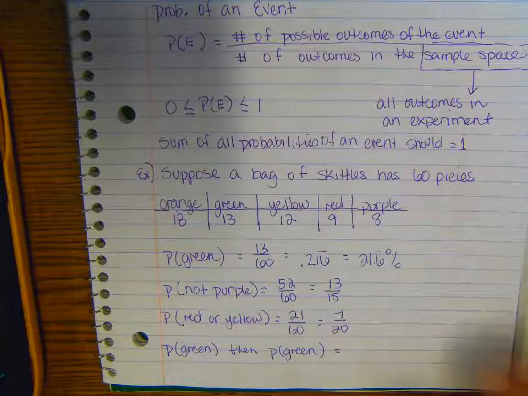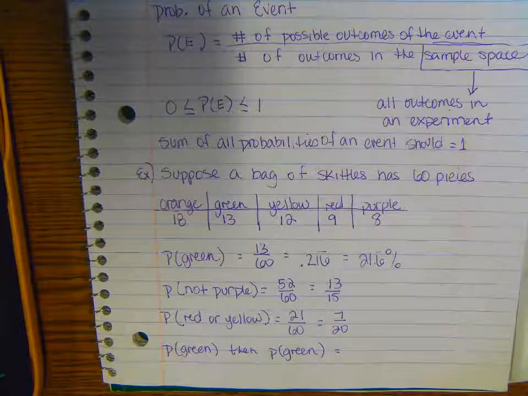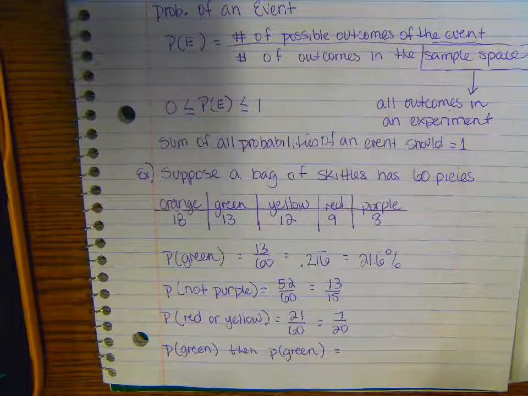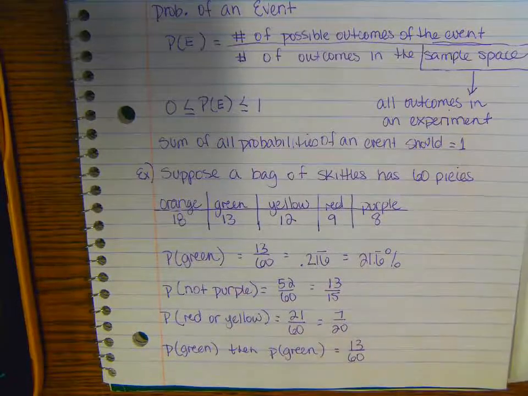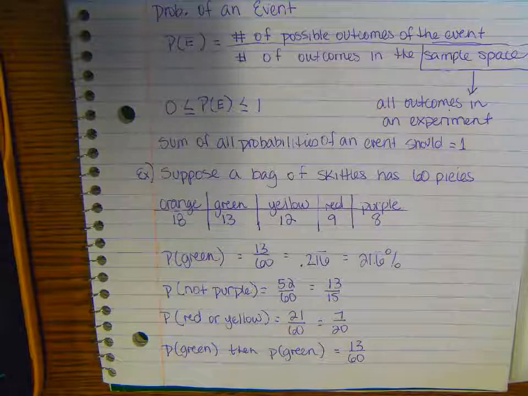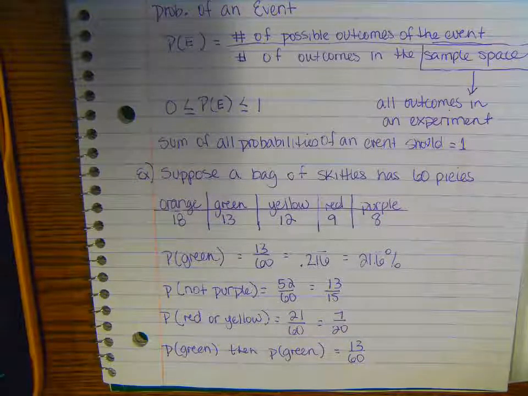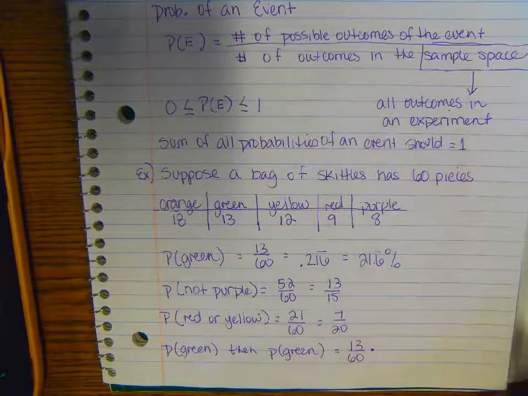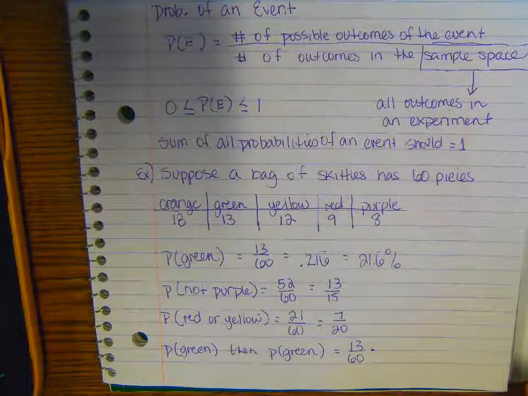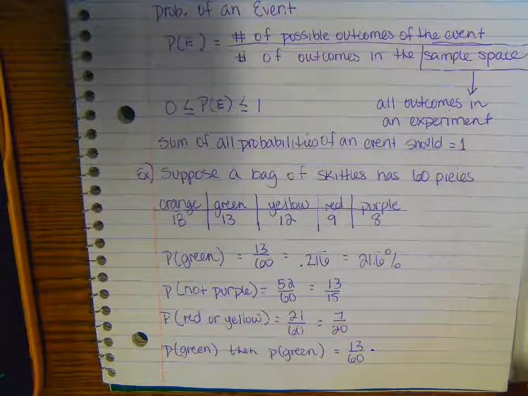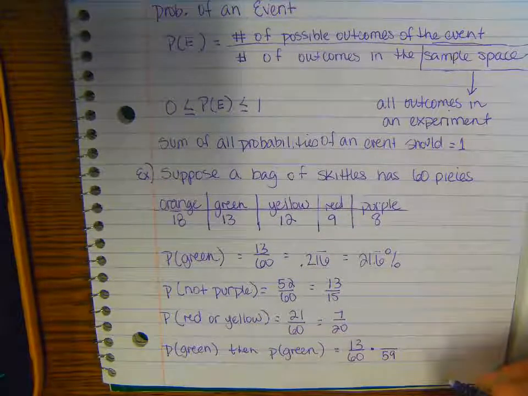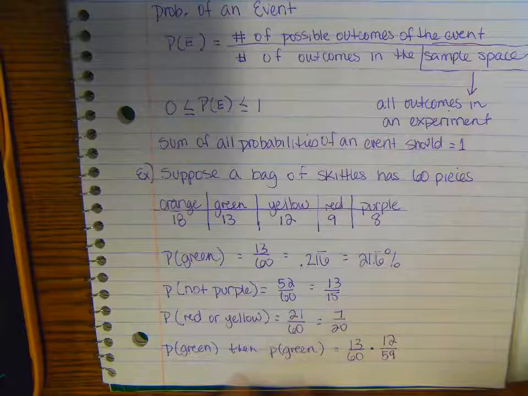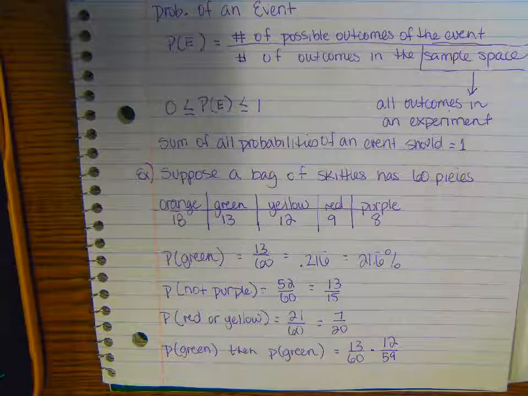If you wanted to think of it in this way, we would use the idea of there's 13 green, right? So the probability that I get green on the first time is 13 out of 60. I'm going to assume then that green came out. Now how many Skittles are left in the bag? Only 59 left, and how many are green? 12. And so then I would multiply those probabilities together.